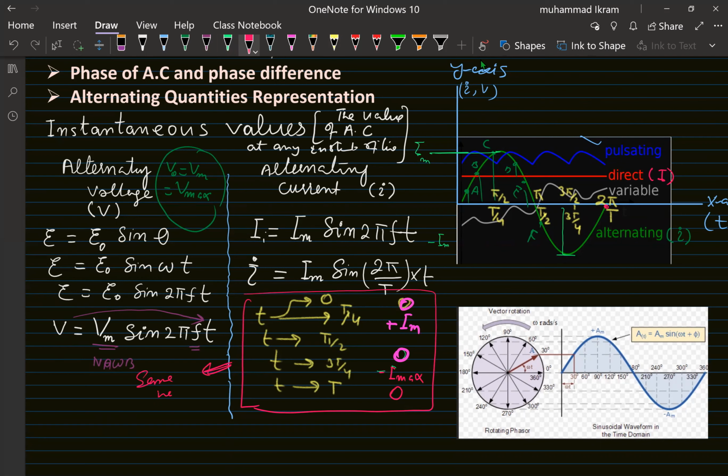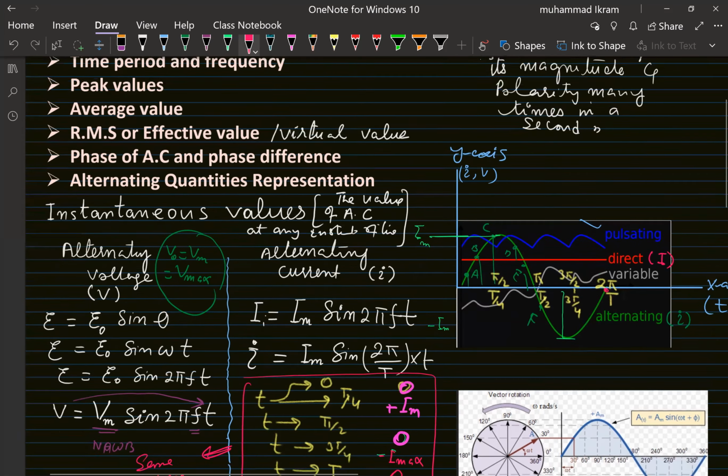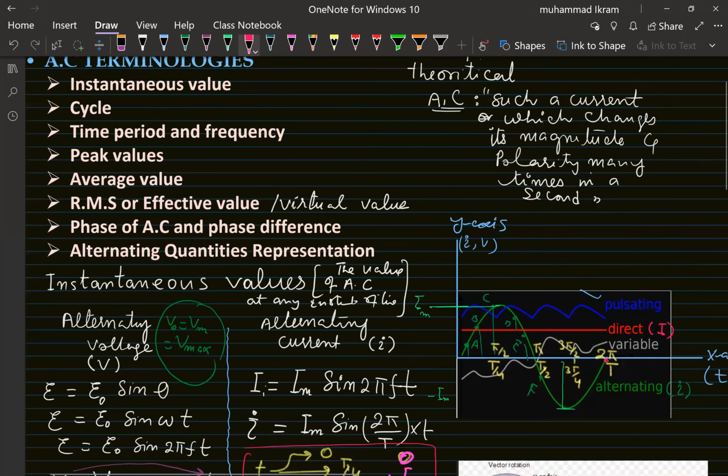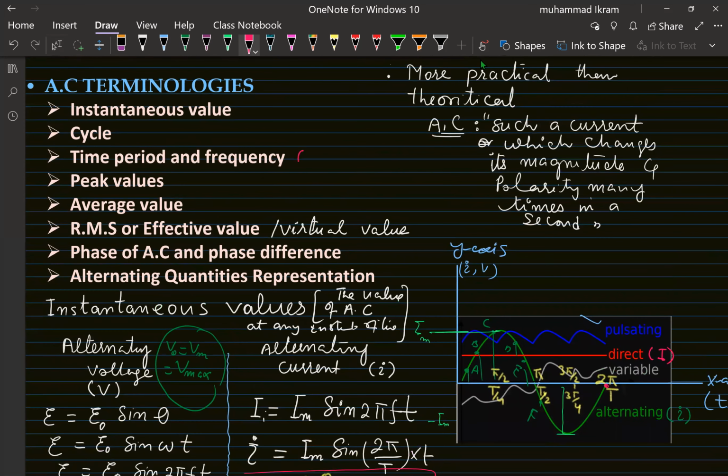Now the next one is the peak value, the time period and frequency, which is very simple. You already know from the previous chapter that the time taken to complete one cycle is known as one time period. Frequency is the number of complete cycles per unit time, and it is measured in hertz.